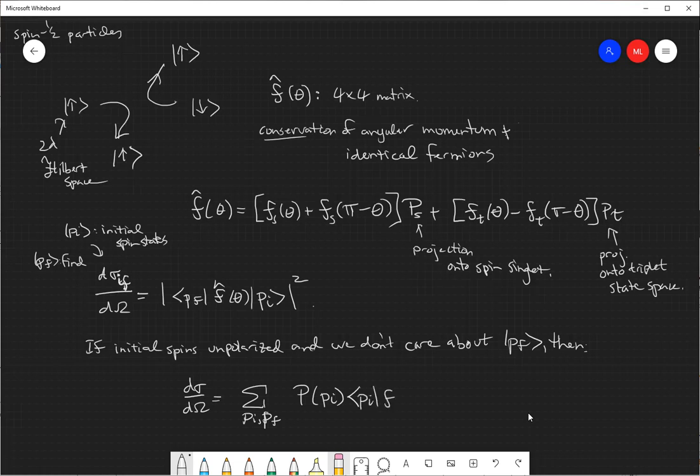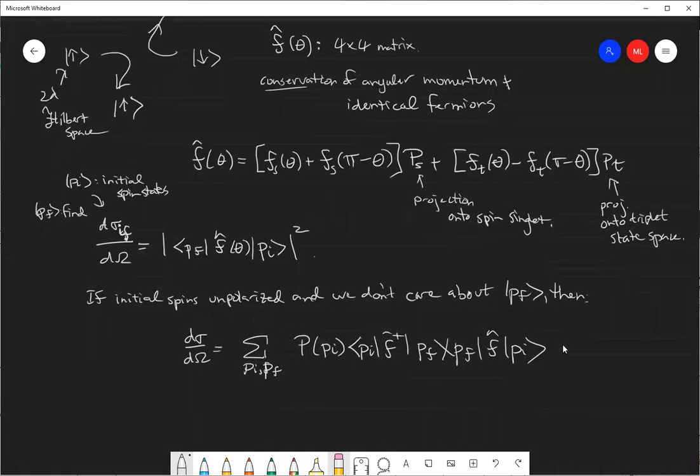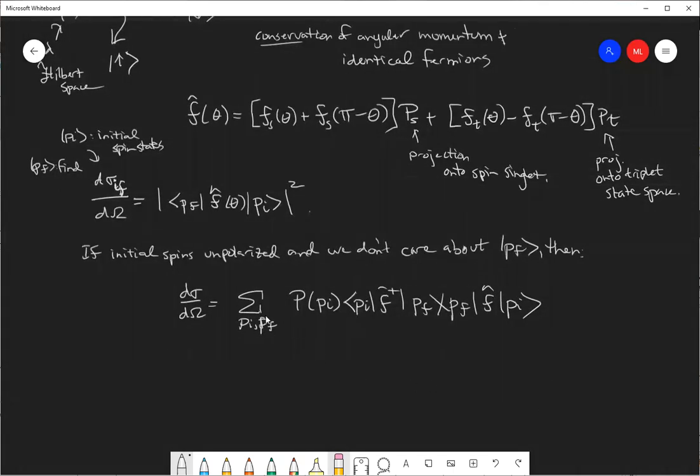And of course, for each one of those, you would calculate the following, right? You would calculate the square of the scattering amplitude matrix, where we sum over the possible final states.